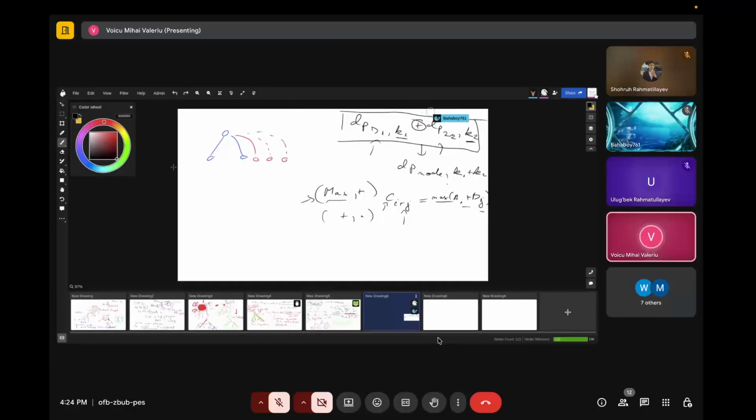Then assume that we convoluted these two nodes. Basically, what we did here is called the knapsack, I think, in more familiar terms. It mimics a knapsack, almost. So assume that for these two nodes, we convoluted them and got an array dp of S1 and S2.